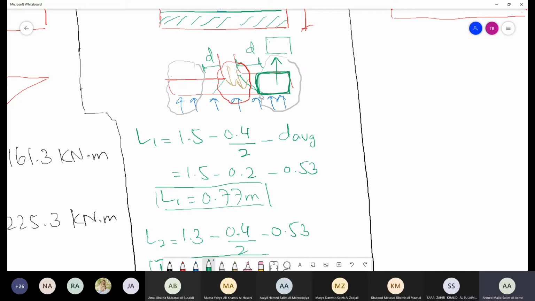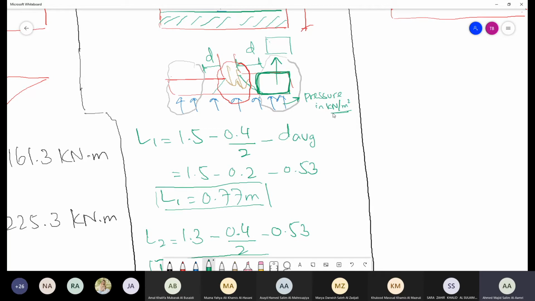Okay, so the force which needs to be taken into account is my pressure, and the pressure is shown in kilonewton per meter square, if you remember. We know that the shear force is calculated normally in kilonewton.